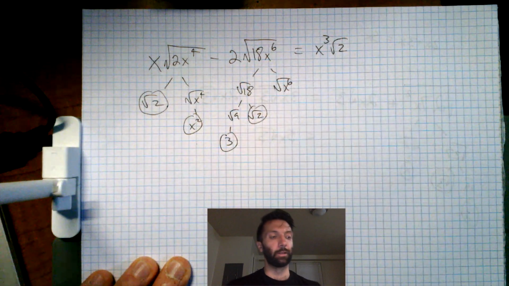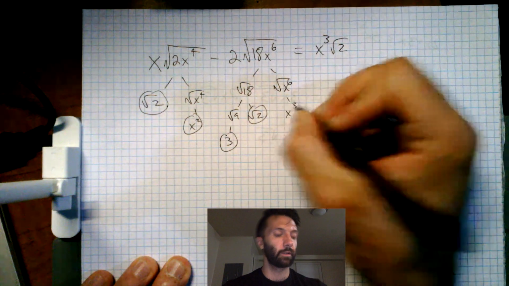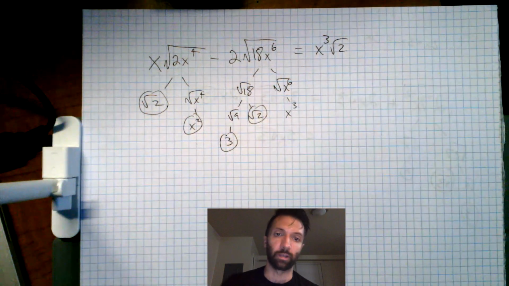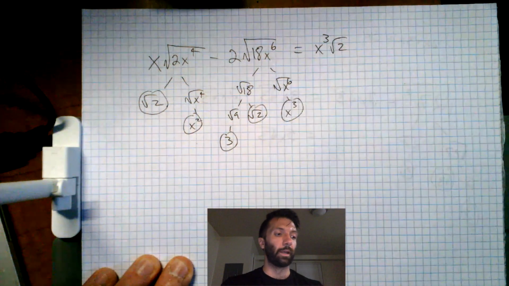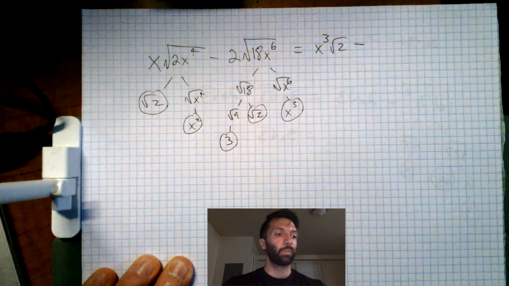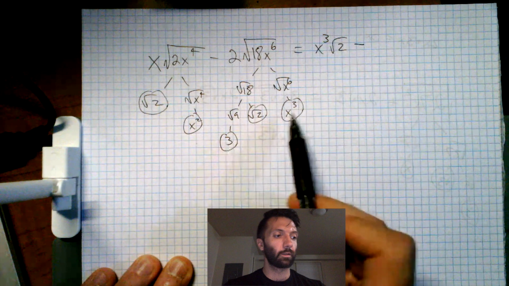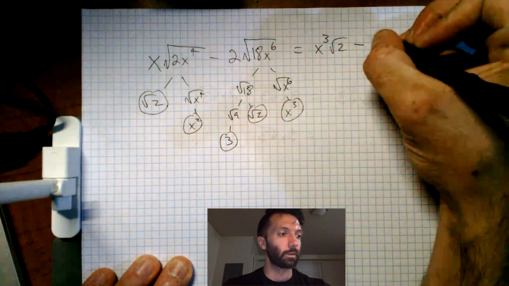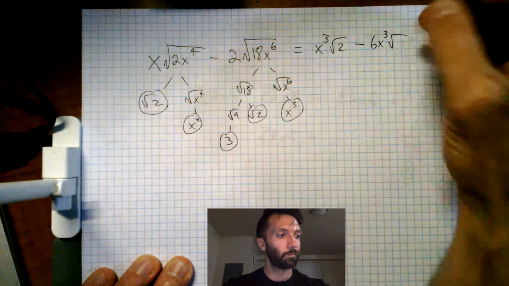And then the square root of x to the 6th is x to the 3rd, because x to the 3rd times x to the 3rd is x to the 6th. And now I have my minus 2 here, so I'm going to be subtracting. And now I have 2 times 3, which is 6, times x to the third, so that's 6x to the third, and then I have my root 2.